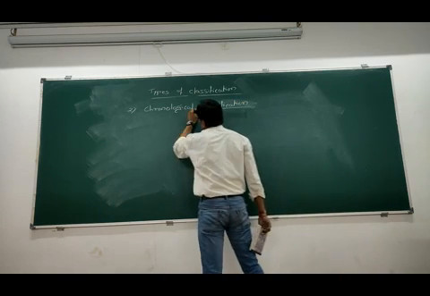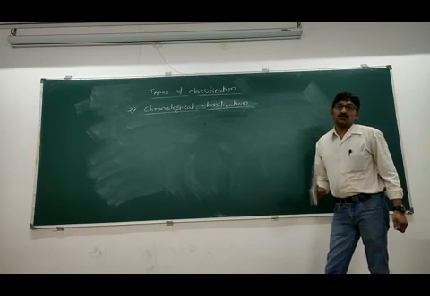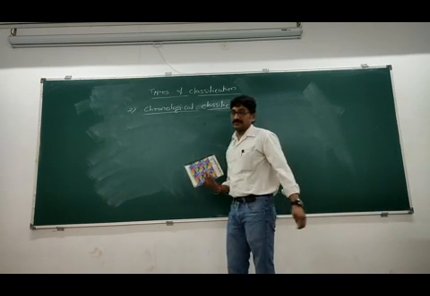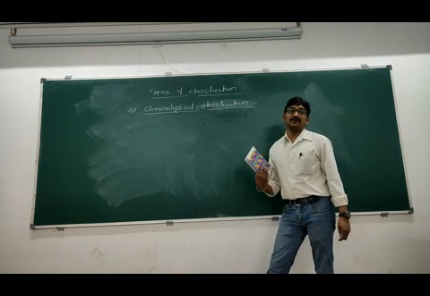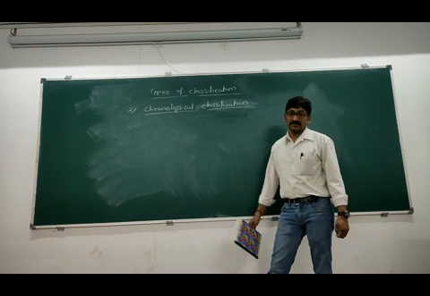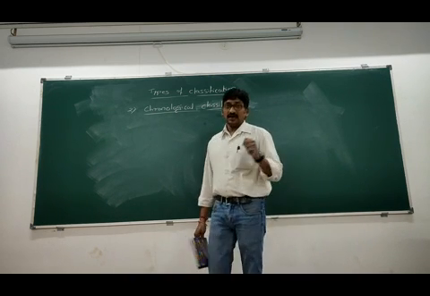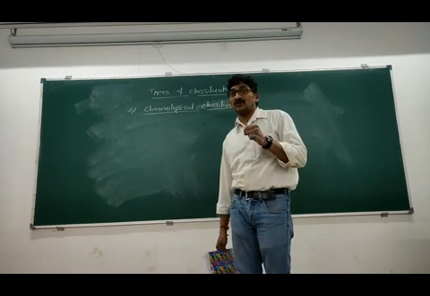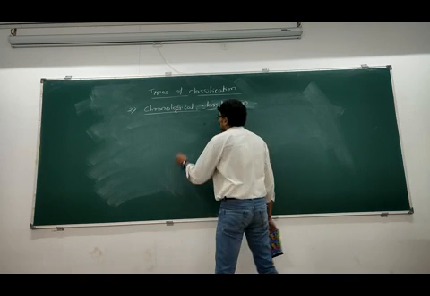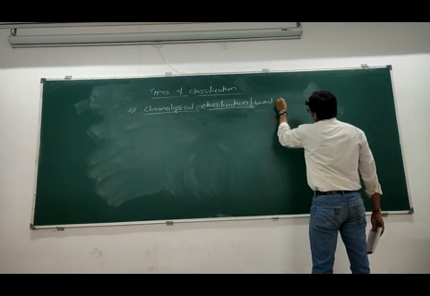Now in brackets I have already given, it is based on what? Time. Means if the data or observations are classified on the basis of time, it is known as chronological classification. If the data or observations are classified on the basis of time, it is known as chronological classification. So you can mention here, it is based on time.